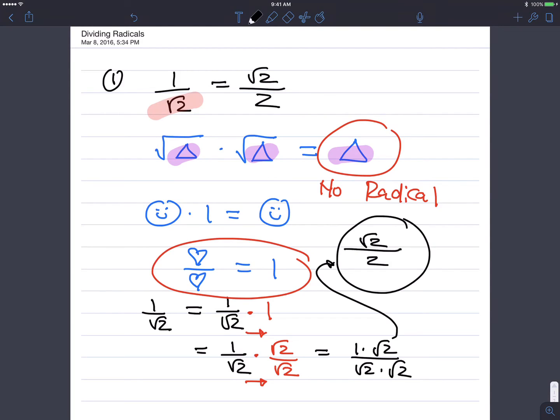We have rationalized the denominator, and these are the same values. So we're going to use these ideas to rationalize our denominator, and that's the process that you see here. We're going to use this over and over again, and for at least the terms in our homework that have only a single radical in the denominator, this is the process. So let's see this again and again.